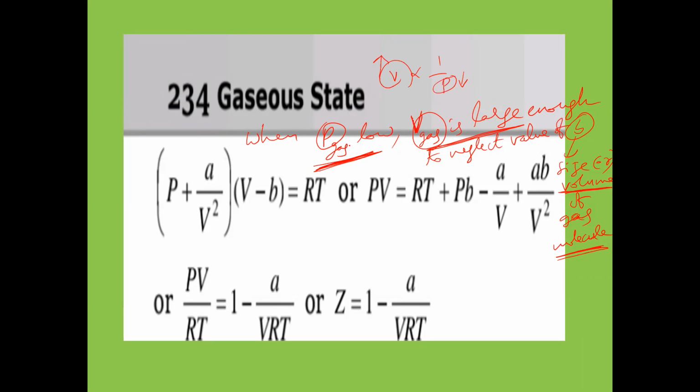But here, when pressure is low, the pressure correction cannot be neglected. Why can't pressure correction be neglected here? Pressure is not very high and not very low. Pressure is there, but it is low pressure. That's why the pressure correction cannot be neglected.